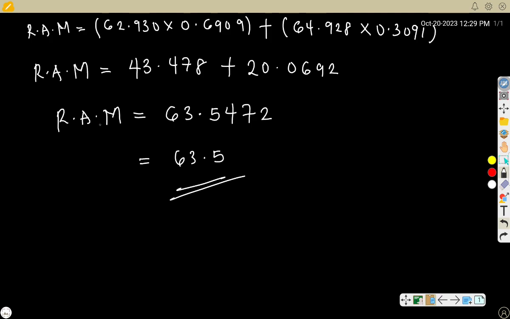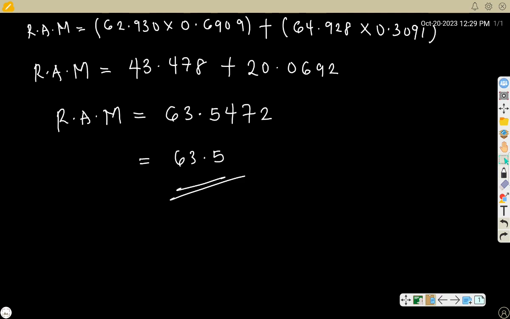For example, this is relative atomic mass 63.5. If I say molar mass, I'll put the unit gram per mole. Without the unit, it is relative atomic mass. So take note.